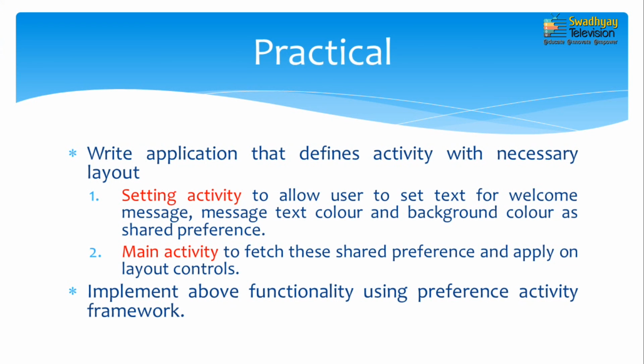And remember, here we have not used the preference activity framework, but we define our layout manually. But in the second program, we implement the above functionality using the preference activity framework. We define our layout as an XML file inside the resource xml folder.